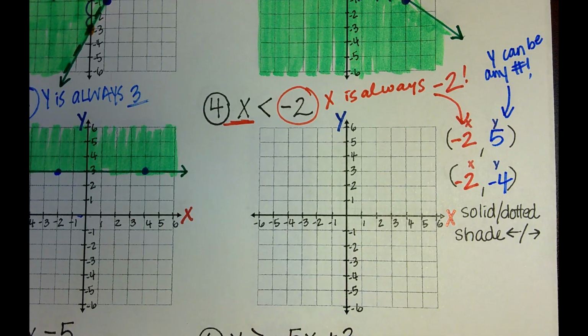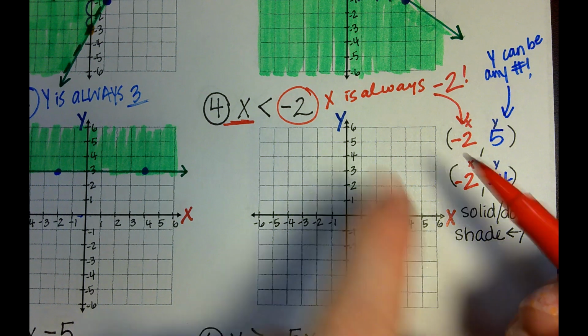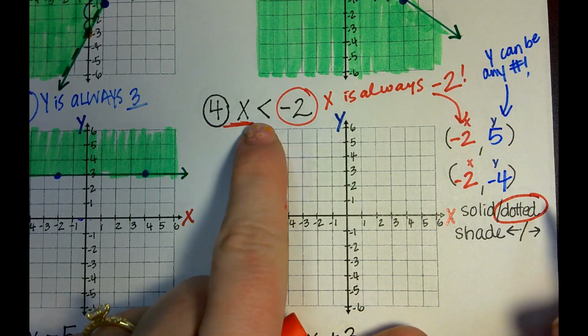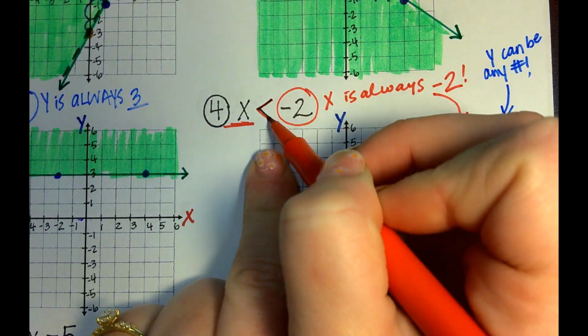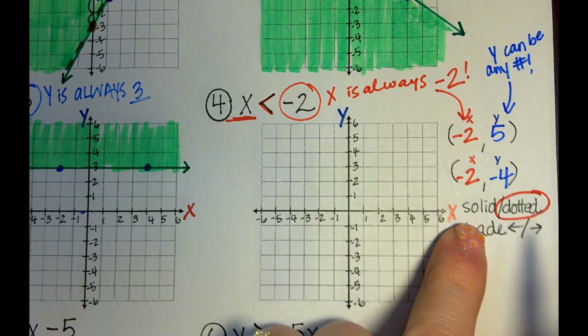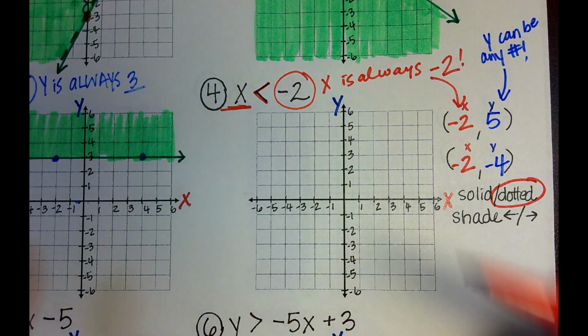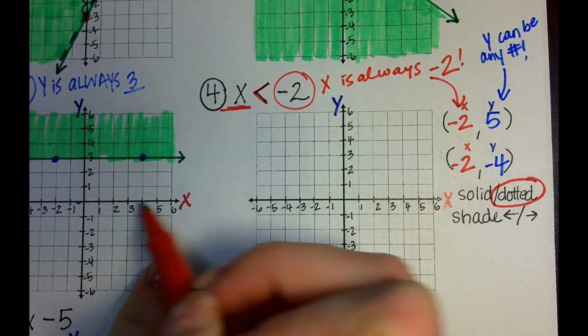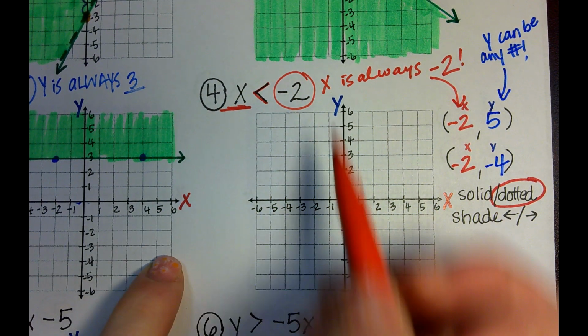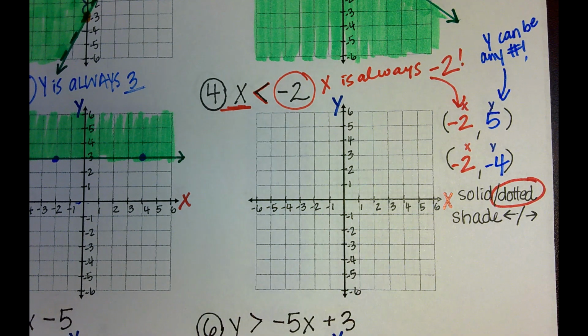Now, is this going to be a solid or a dotted line? Dotted. Good. It's just less than -2, not less than or equal to. So that's dotted. And this time we have different options for shading. Our x-axis goes from the left to the right, not up and down. So when we're shading, we're not going to be able to shade up or down.